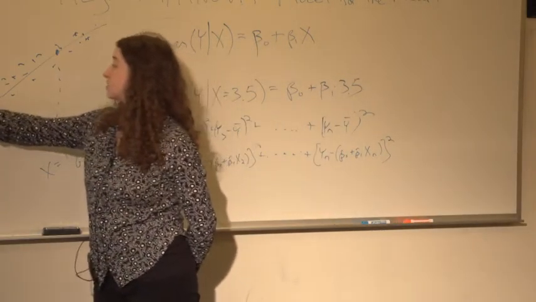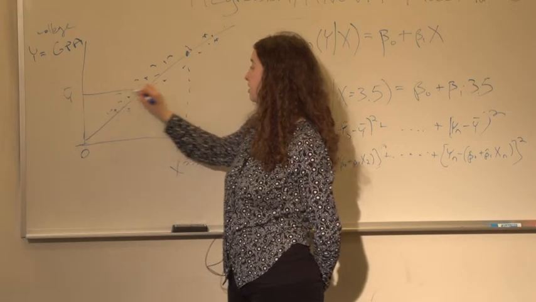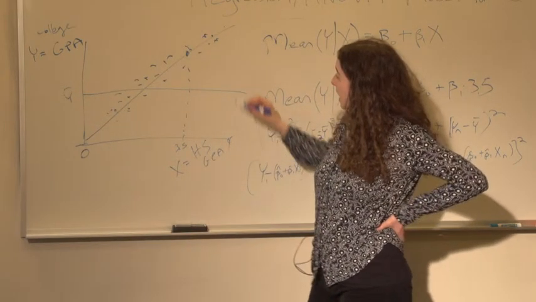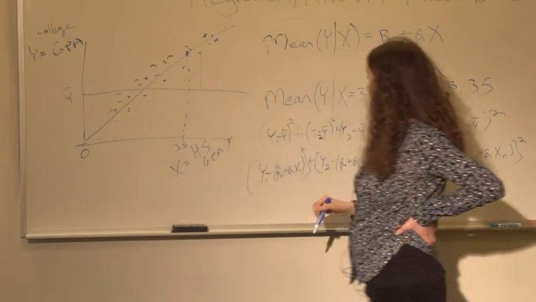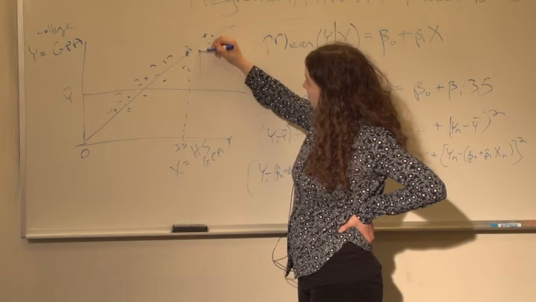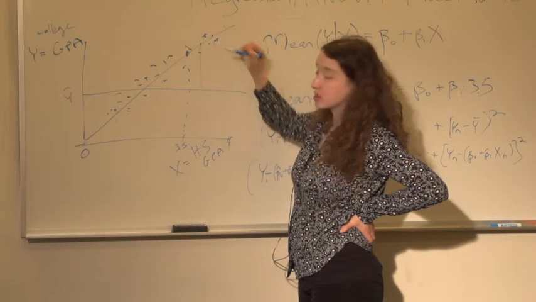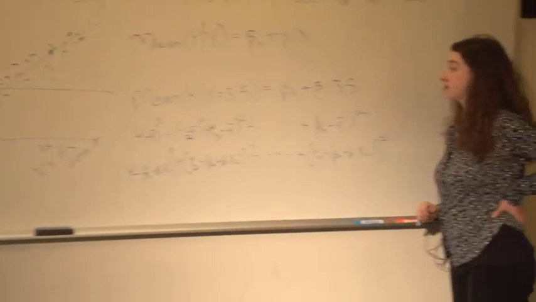So if y bar is here, for each data point, I can either compare the data point to y bar, and that's going to be this residual, or I could compare it to the line. What's the vertical distance between that point and the line? That's going to be this residual.